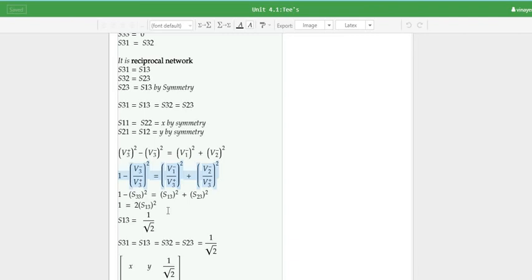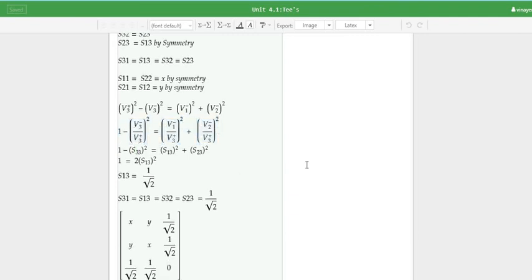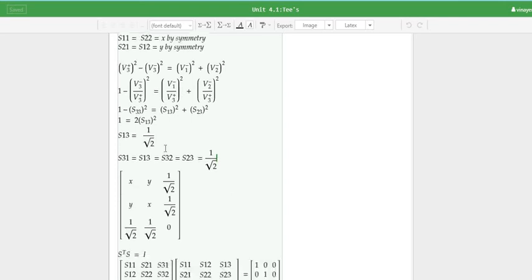S33 is 0 because there is no reflection. So from this we get S13 equal to 1 by root 2. From the conclusion which we have drawn earlier, we know that all these four are equal and they are equal to 1 by root 2.